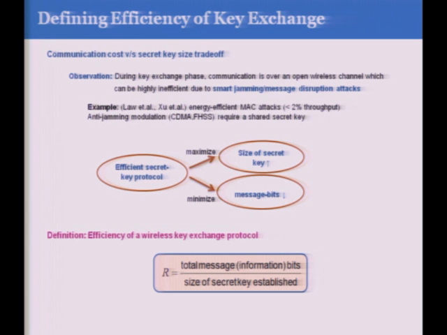And so, deriving from this philosophy, we said let's look at this first order metric of performance, which is the ratio of the total message size, the total amount of information bits that need to be exchanged, divided by the size of the secret key that gets generated. It essentially measures the number of message bits that you would need to exchange per bit of secret key.